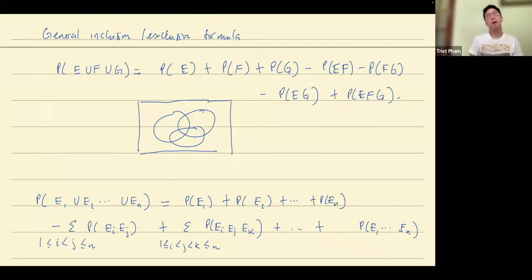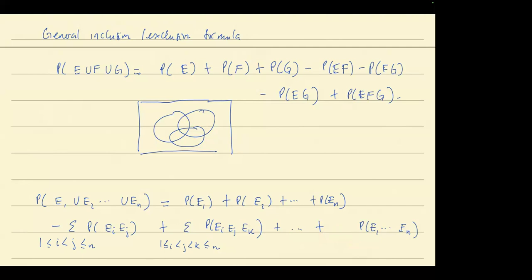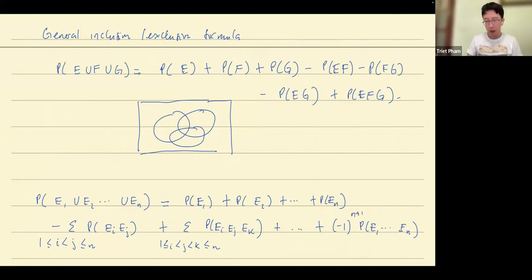So how do we express that? Negative 1 to the power of, hold on, negative 1 to the power of n minus 1. Good. I think that is correct, but I think it's also n plus 1.